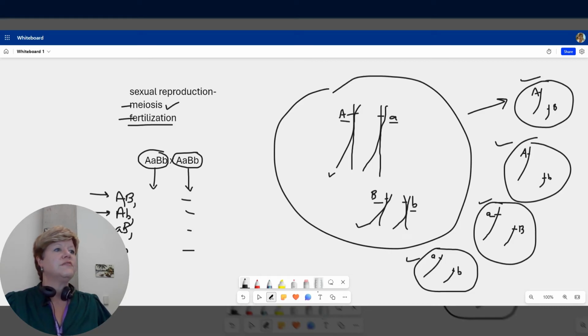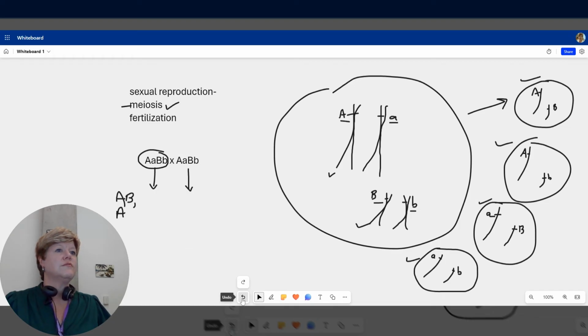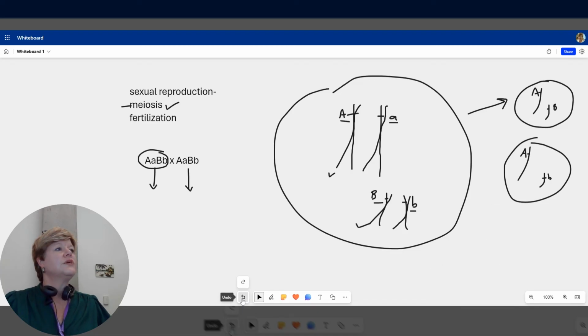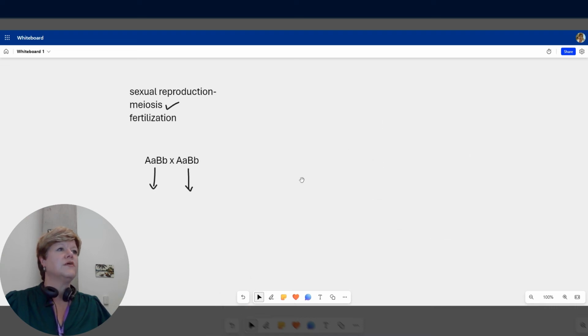And we continue through, let me see if I can erase all this. I'm going to do it this way. So once we figure out our gamete types, all we have to do is put them on the Punnett square grid to figure out what our zygote types are.